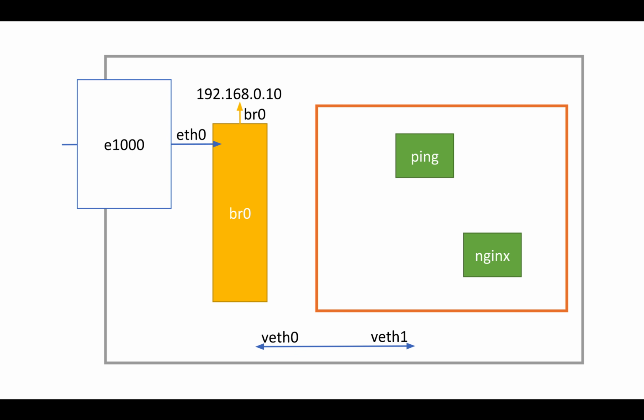So if they make whatever system calls to list the network interfaces to see if there's anything they can bind to or connect through, or if they happen to know the IP address that br0 has, and they try to bind to 192.168.0.10, they just won't get anywhere, because the kernel will say, I don't know what you're talking about. There's no such address on this system.